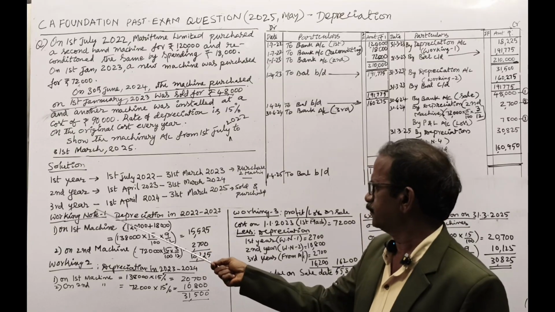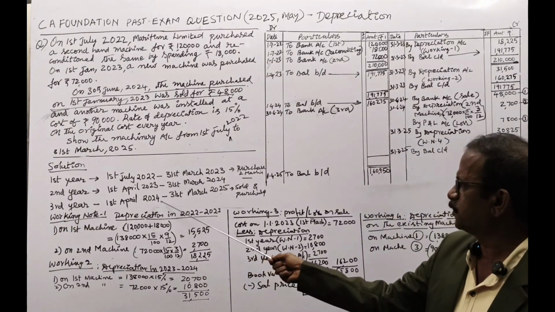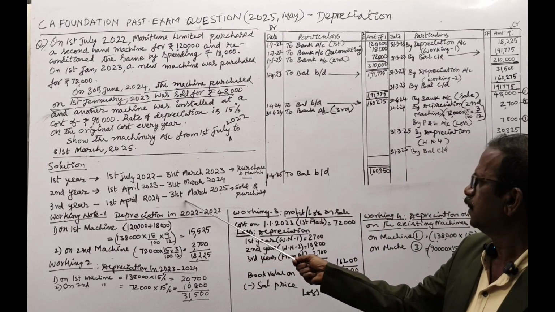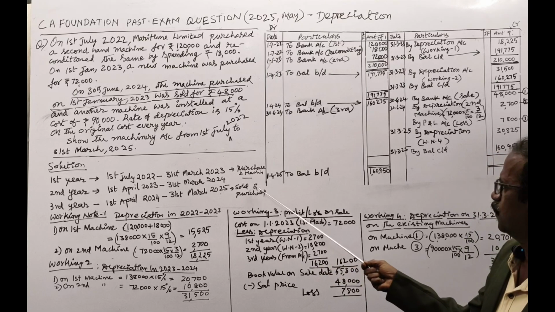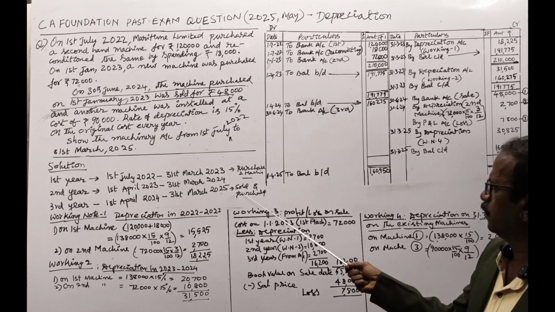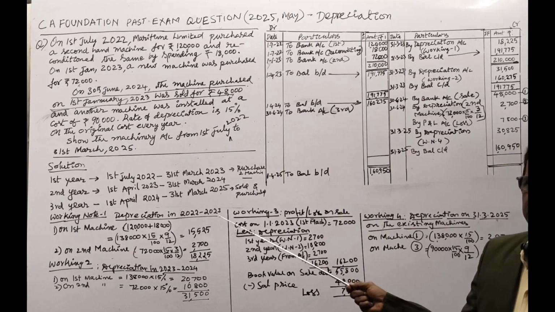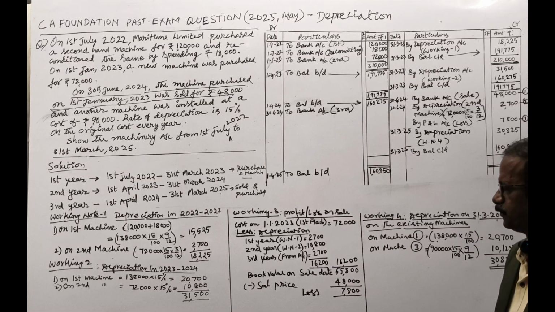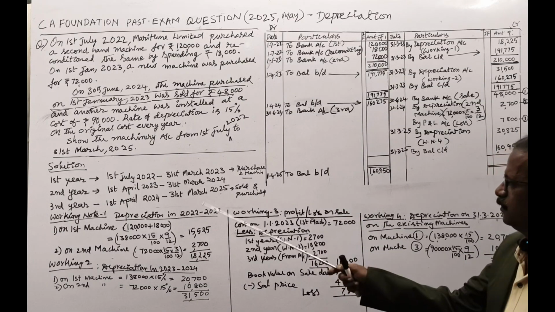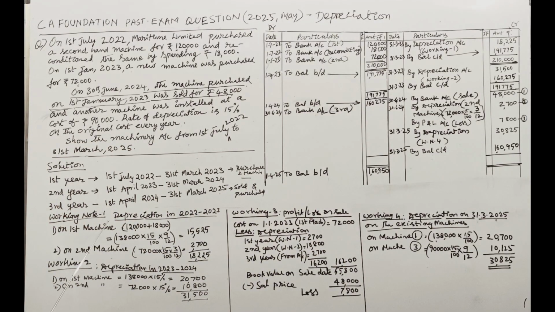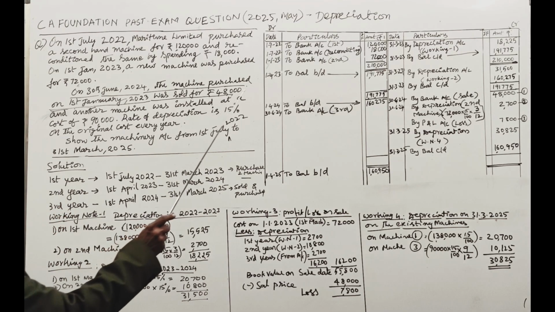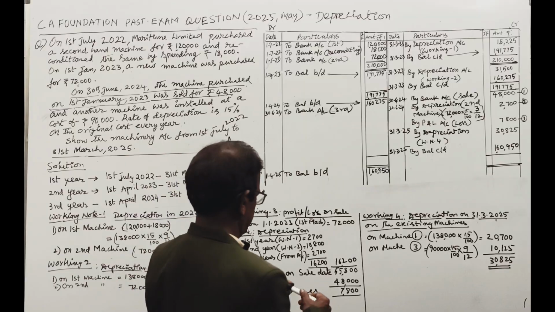And the third year is 1st April 2024 to 31st March 2025. One machine is sold and one machine is purchased. You have to write like this. Now, after understanding the question like this and writing like this, we can open the machinery account.